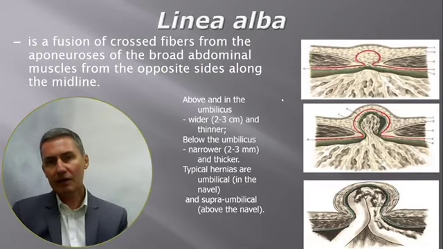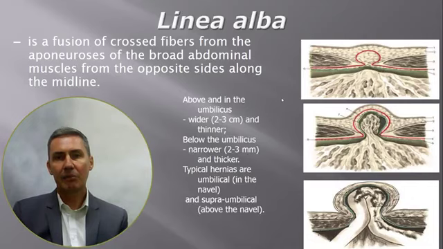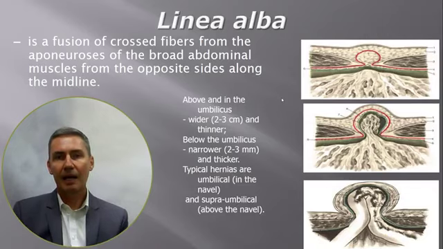Whether herniation will occur or not in the linea alba depends on individual features of each person, because the possibility of this herniation depends on the individual structure of this linea alba. In some persons, the spaces between the fibers of aponeurosis are quite big.